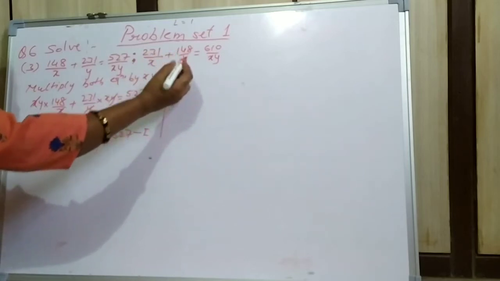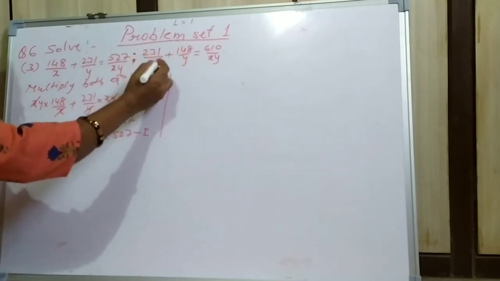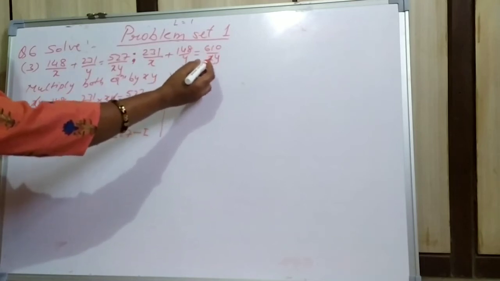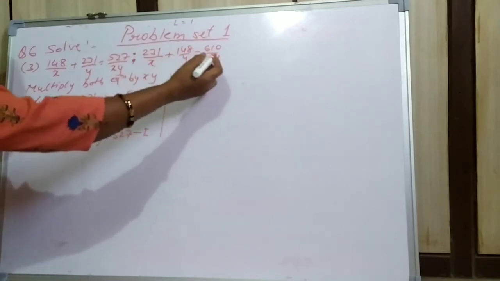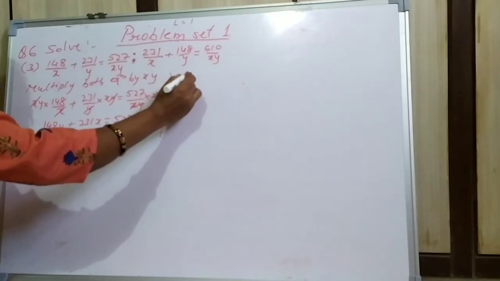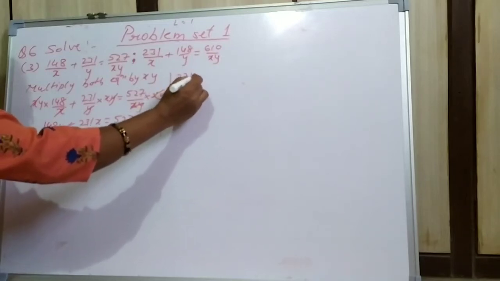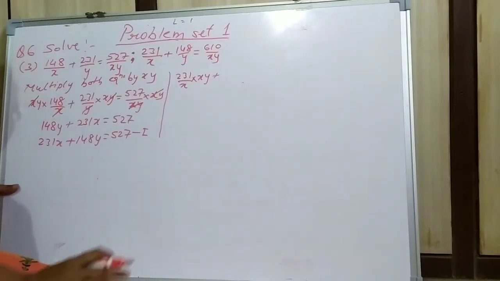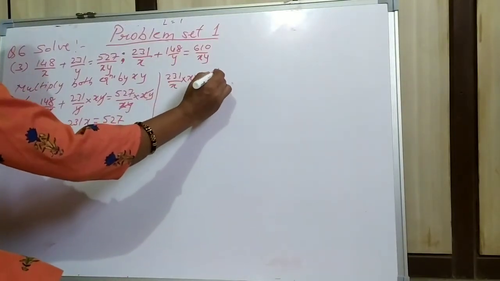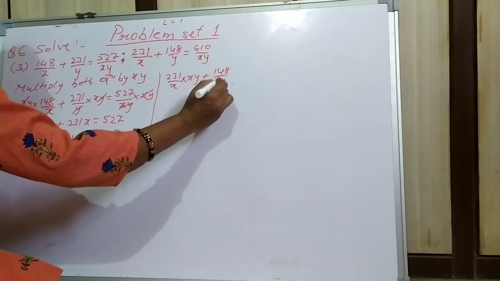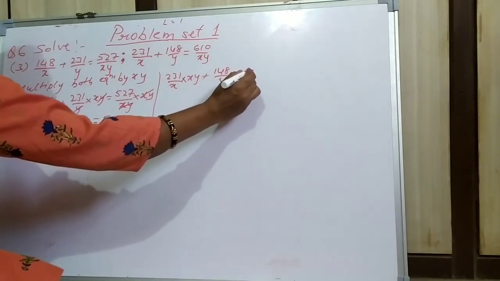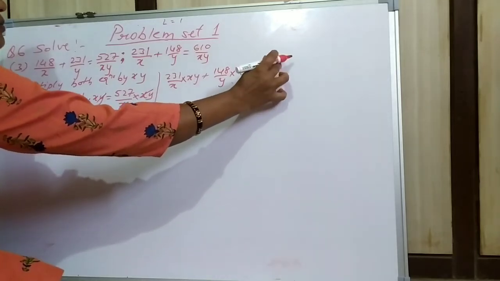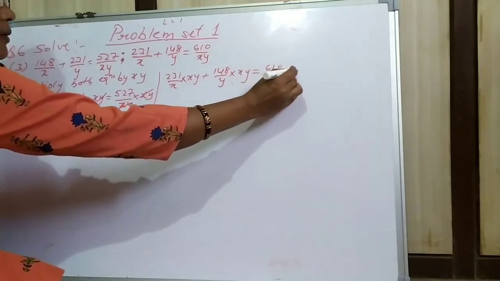Similarly, the other equation is here: 231 upon x plus 148 upon y is equal to 610 upon xy. Again, to remove xy, multiply the full equation by xy. So 231 upon x into xy plus 148 upon y into xy is equal to 610 upon xy into xy.